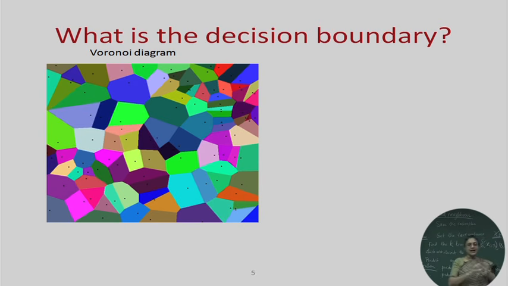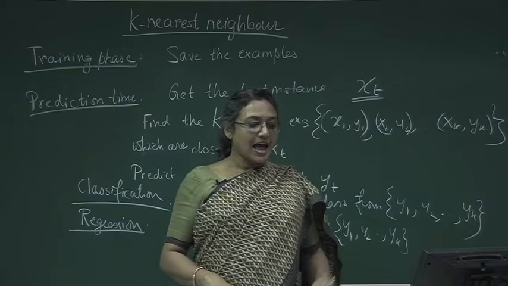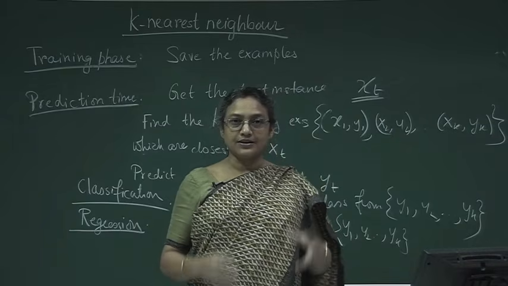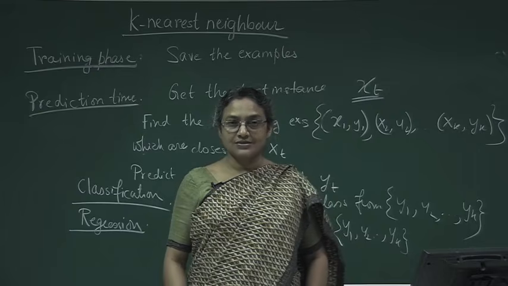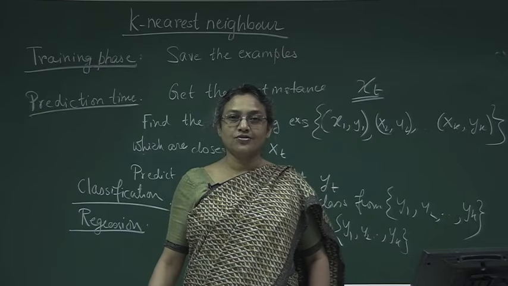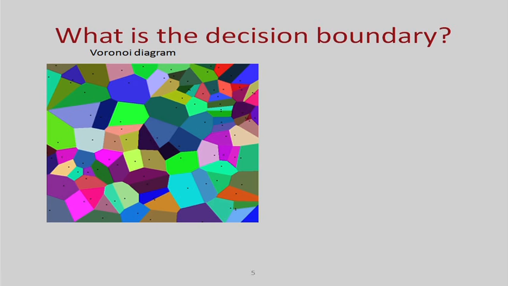So, we have divided the space into different regions, and this particular type of division, this data structure, is called a Voronoi diagram. In this Voronoi diagram, which can be constructed by taking any two neighboring points and finding the perpendicular bisector of the line joining the two points, that will give you a separation surface.